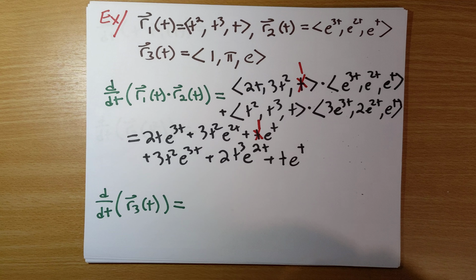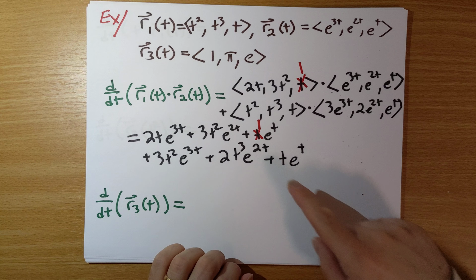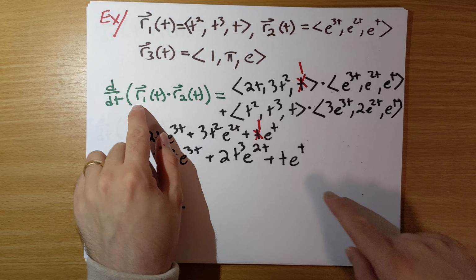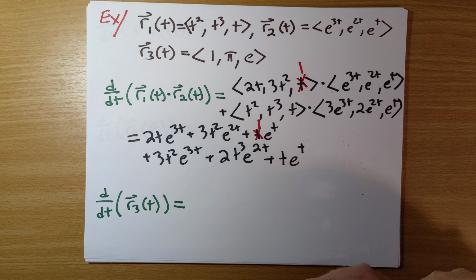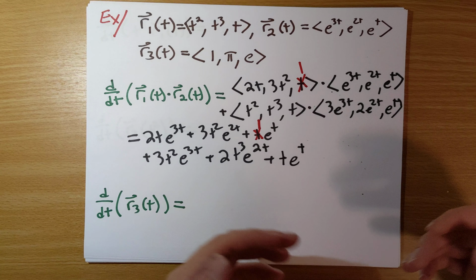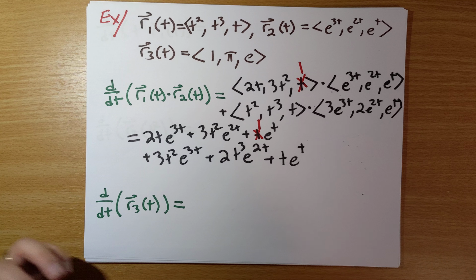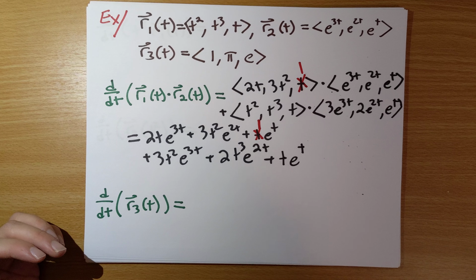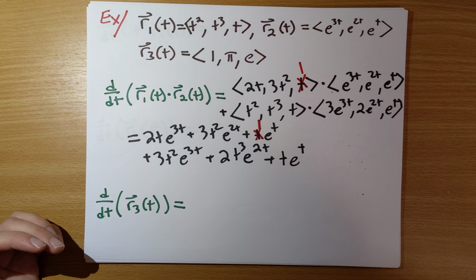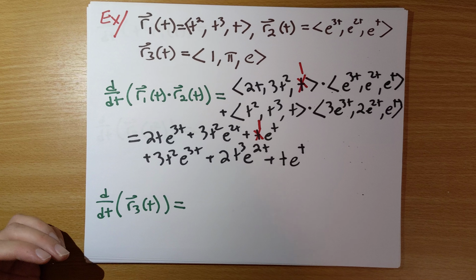By the way, let me just note here that r1 of t dot r2 of t is a scalar valued function. The dot product of two vectors is a scalar. The dot product of two vector functions is a scalar function.